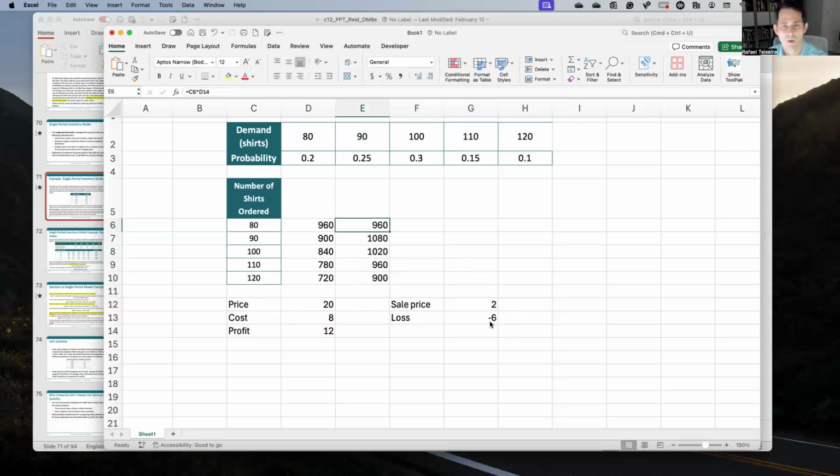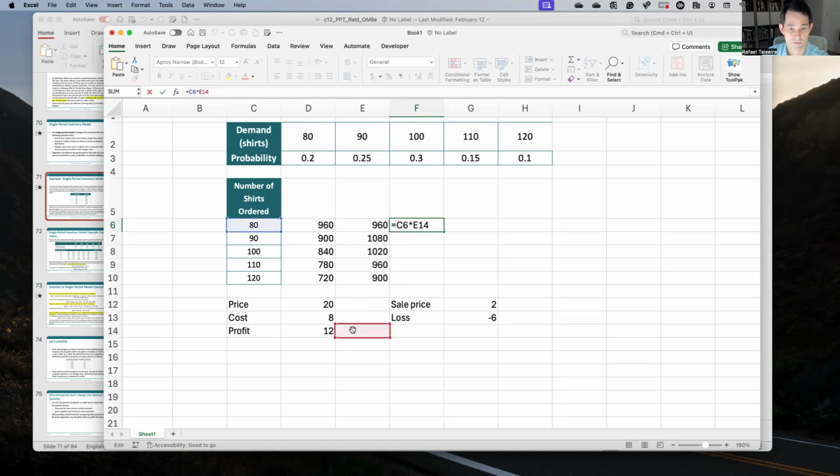Okay, so what I'm gonna do here is, this first row is always going to be 960, because he orders 80 and the demand is always higher. But because he doesn't have more to sell, he maximizes at 80. So here he orders 80, the demand is 100, he sells all the 80 and that's it. Okay, I got the wrong cell here.